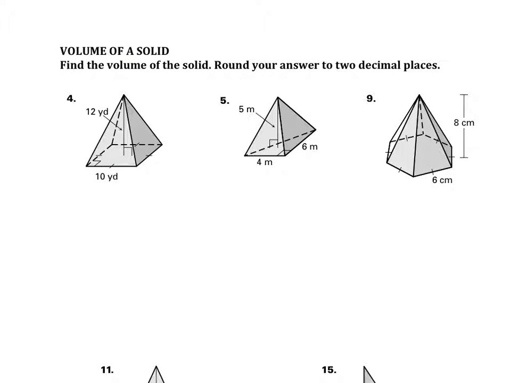So find the volume of the solids, and we're going to round our answers to 2 decimal places. So the first one, we have a pyramid. So this is volume equals 1/3 area of the base times the height. The base, we can see, is a square, with sides of 10.